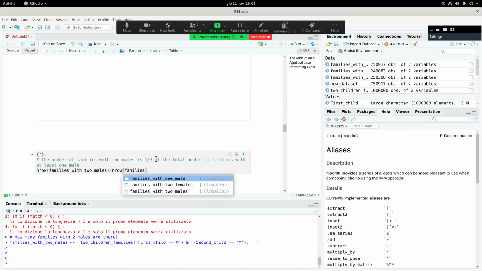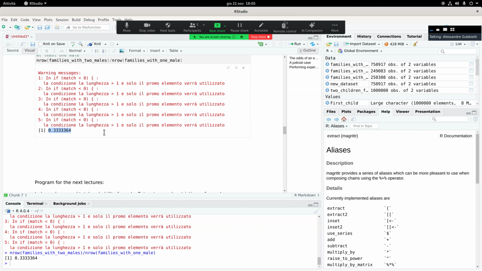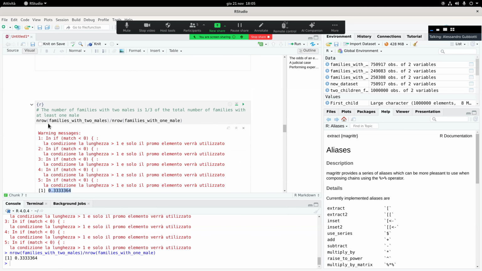With at least one. So now, is it not clear what should be here? More or less 1/3, which is more or less because these are 1/4 of the total, these are 3/4 of the total.